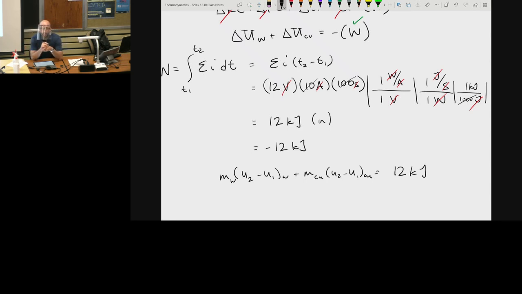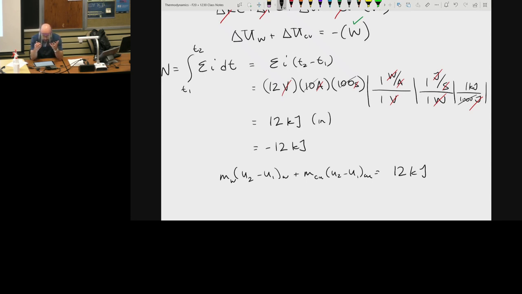So we have to assume right now that it would remain liquid, that the temperature would not go above 100 degrees Celsius. If we find that the temperature does go above 100 degrees Celsius, then we have to go back and say, hey, that was the wrong choice about our model. We always check to make sure our model works.